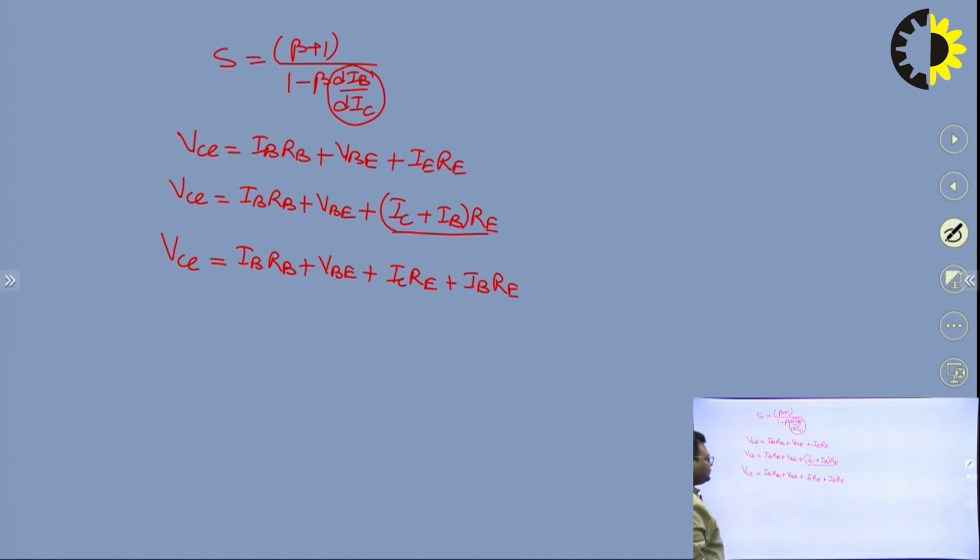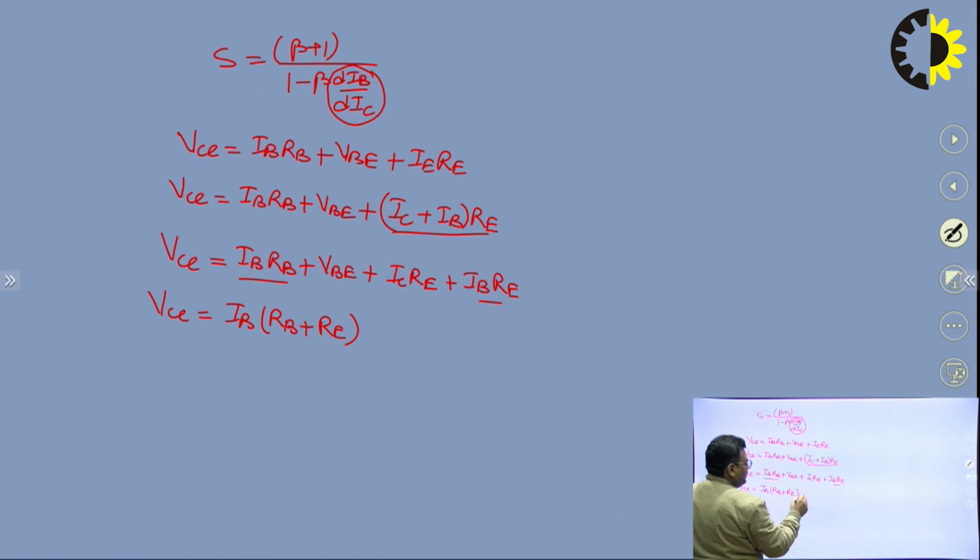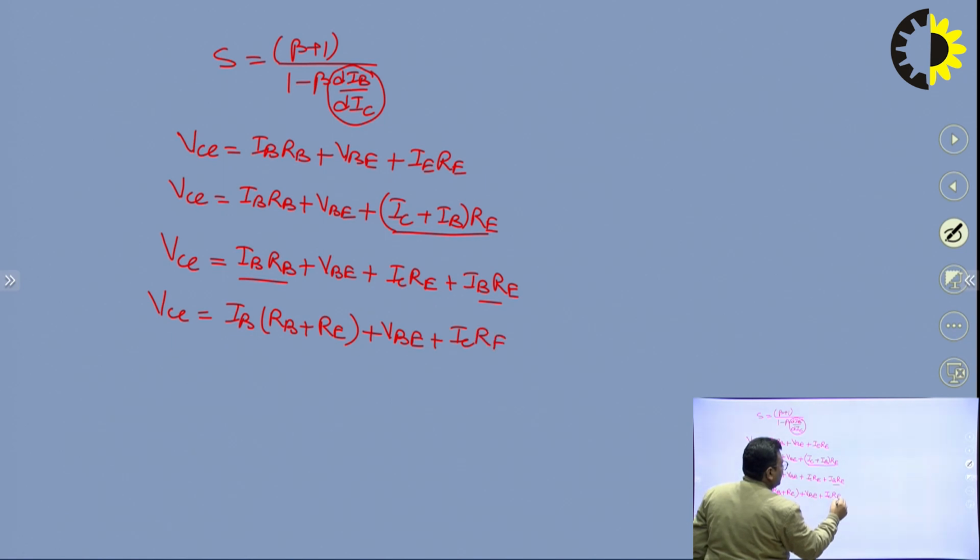right. Now we can take IB common and further we can write it as VCC is equal to IB into (RB plus RE) plus VBE plus IC into RE. Now if I differentiate this equation with respect to IC, because what we need to calculate is dIB over dIC, right.